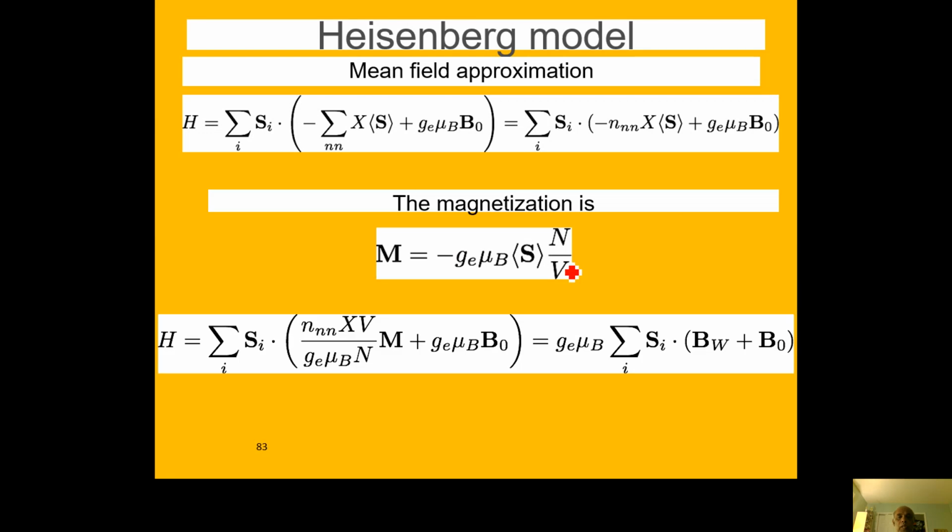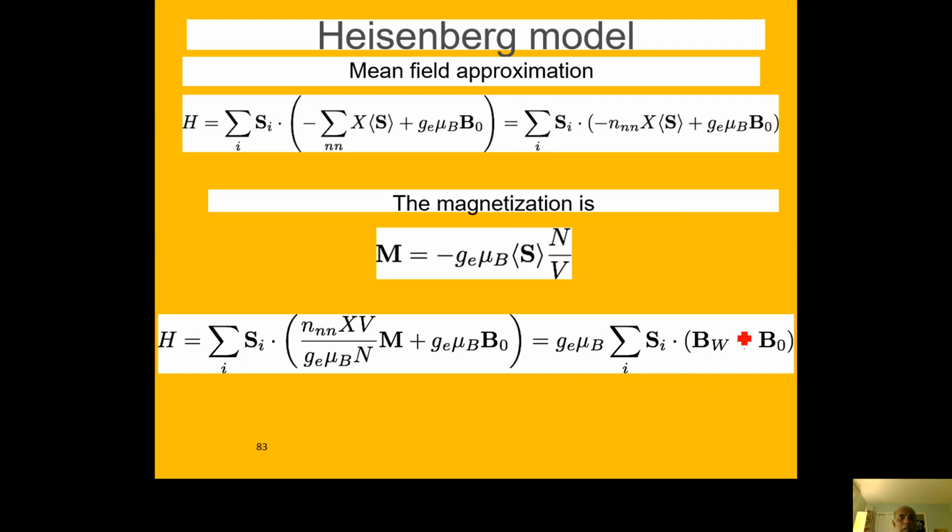So you substitute this S value, and here you can write it in terms of M and N. Then if you plug in here, you get this expression. I can write this as the sum over Si dot, so this B0, and I write this whole thing as BW.